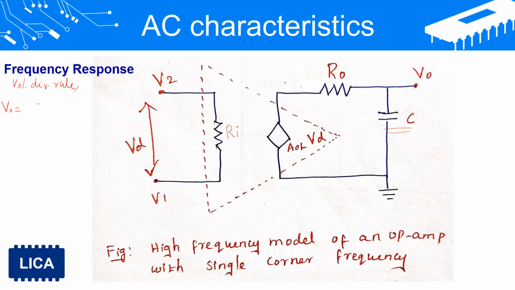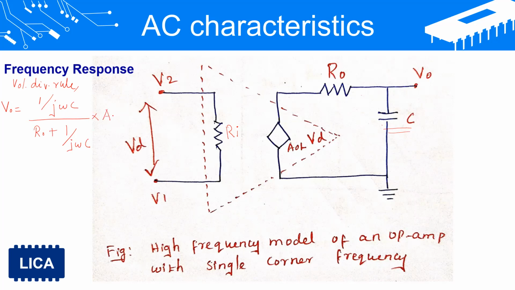Can we write simply C? No, this is the reactance component. So we have to write C as 1 by j omega C, instead of C. Then the total resistance is R naught plus C, and we should not write C as such; we have to write 1 by j omega C, then into the source voltage.